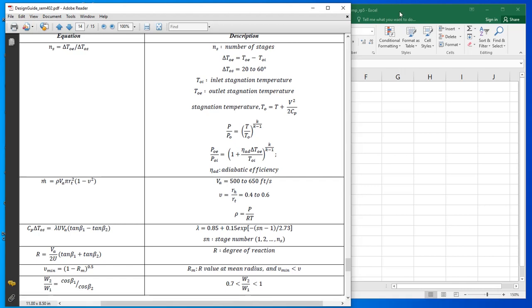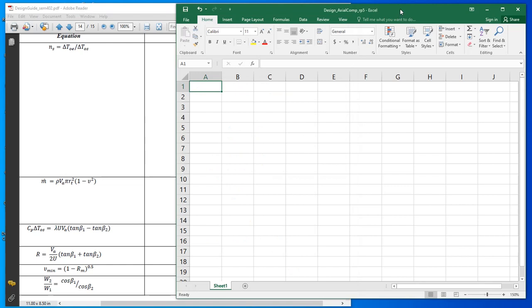Bismillahirrahmanirrahim. We are going to continue with making the Excel sheet for the axial compressor design that we have just finished. So we did the design for the first stage and then we proceeded with the design of the second stage, and the design for stages 3, 4 and 5 will follow a pattern similar to that for stage 2.